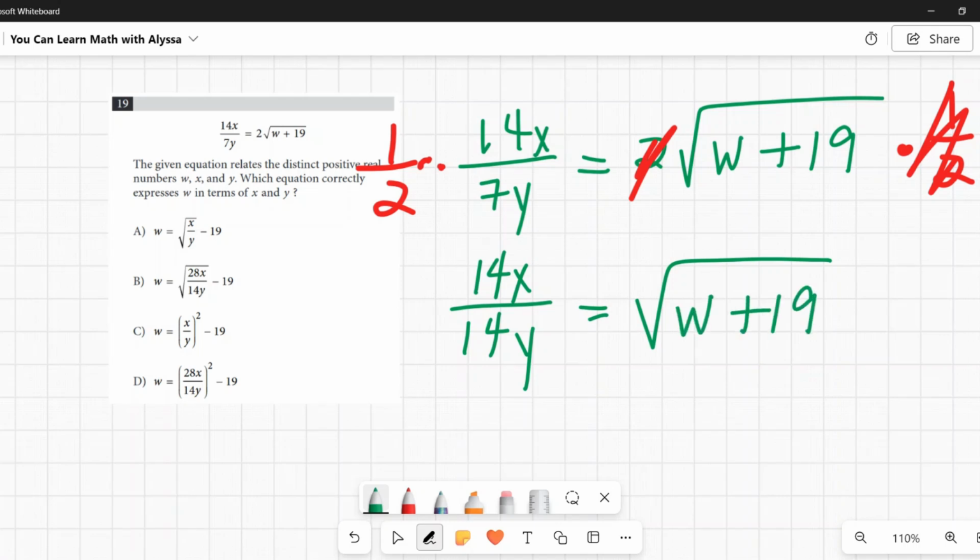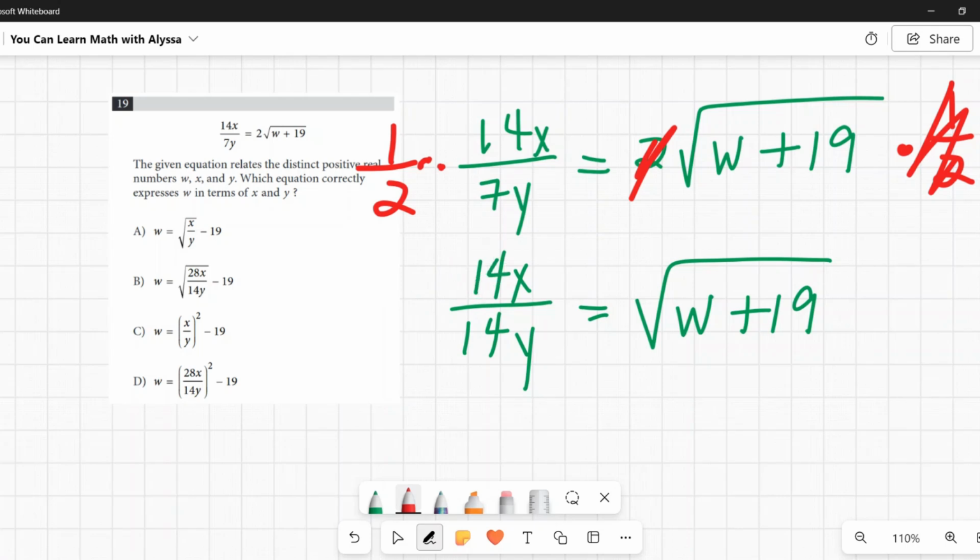Before I go any further, look over here. I've got a 14 times x and a 14 times y. When things are being multiplied, not added or subtracted, but multiplied in fractions, you can cancel out things that have factors in common. Like if this had been 7, I could have said, oh, 7 goes into 7 one time and it goes into 14 2 times. I can simplify it like that, absolutely.